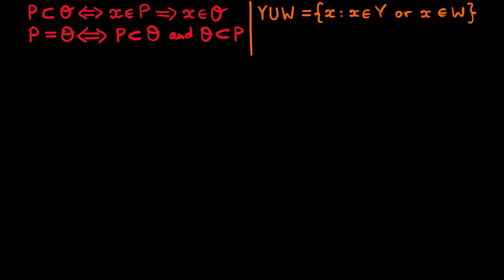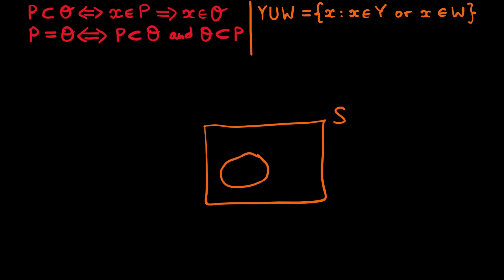So notice what this says. Here's the set Y and here's the set W. It says that for an element to be included in the union of sets Y and W, it is sufficient that the element be an element of either.